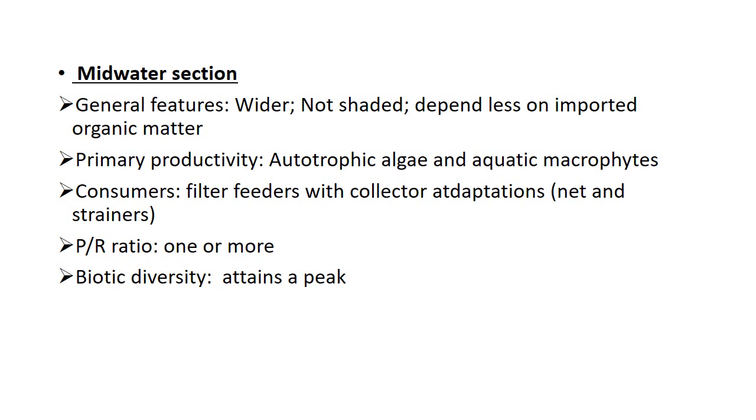Due to this, the consumers are mostly filter feeders and have collector adaptations. The mouth parts are mostly net-like and strainers. The PR ratio is comparatively greater in the mid section as compared to the headwater section, and biotic diversity is also increased in the mid-water section as compared to the headwater section.